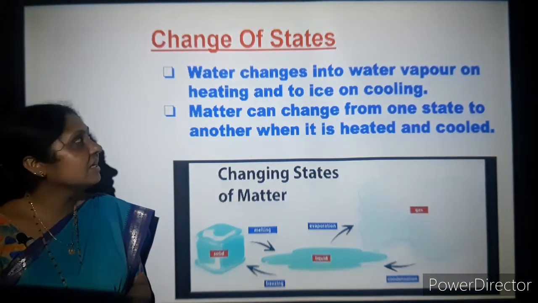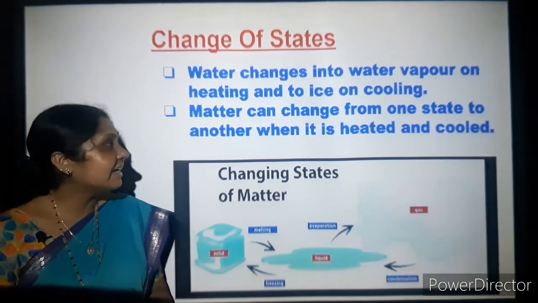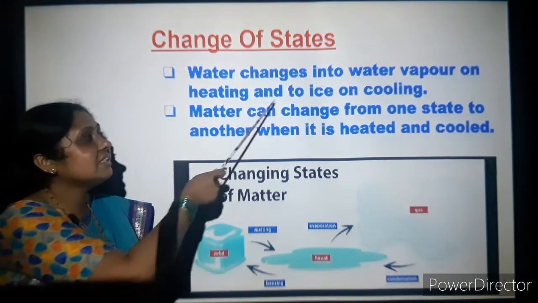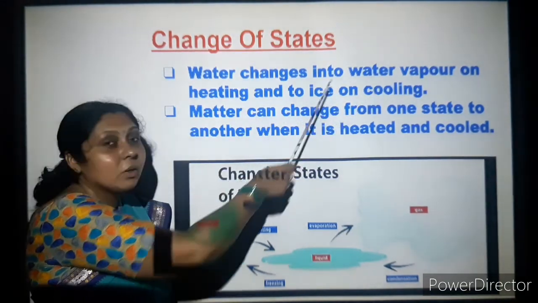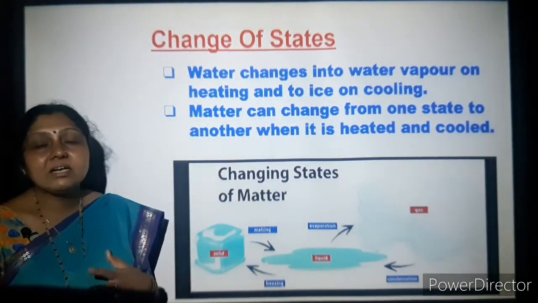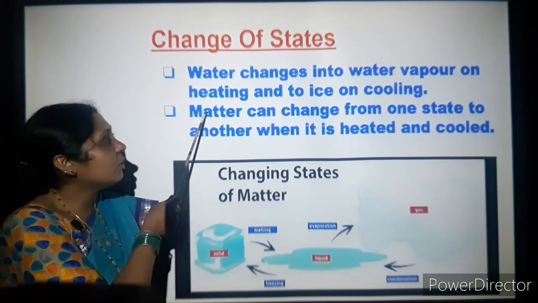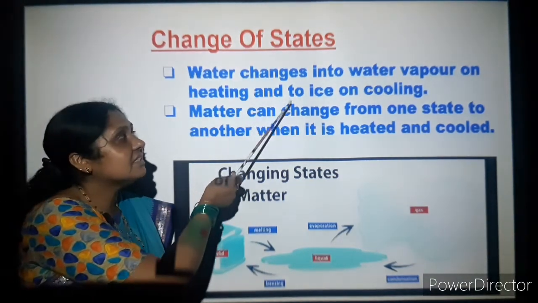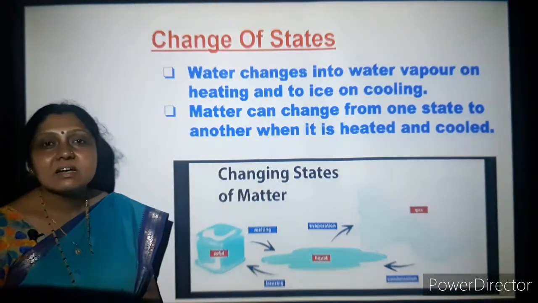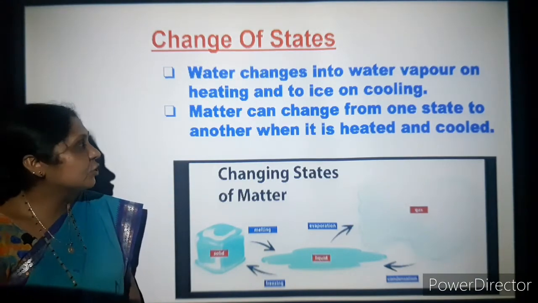Thus water changes into water vapor when you boil it, and when you freeze the water, it gets the form of an ice cube.